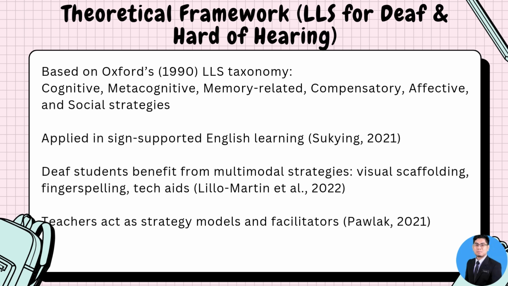DHH learners who rely heavily on visual input benefit from strategies like visual scaffolding, finger spelling, and assistive technologies such as captions or sign-integrated media. Pollack, however, emphasized the role of teachers in modeling and reinforcing these strategies, ensuring students can internalize and apply them in real learning tasks.